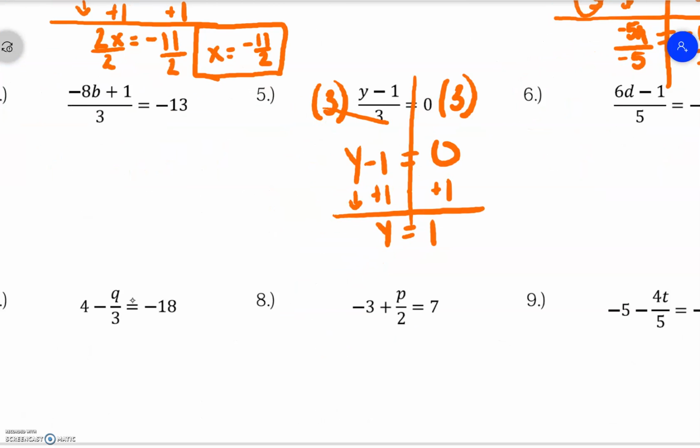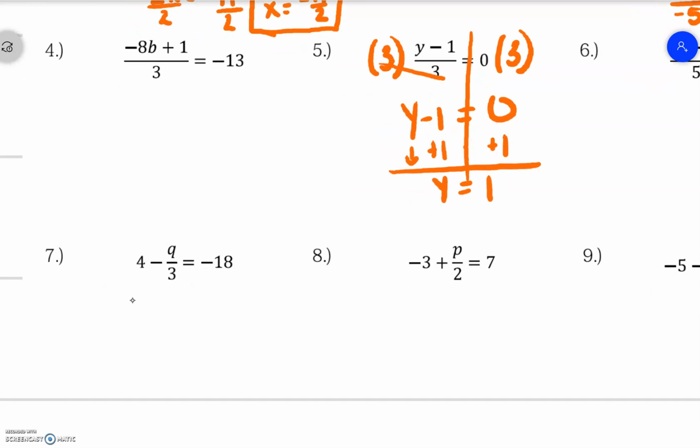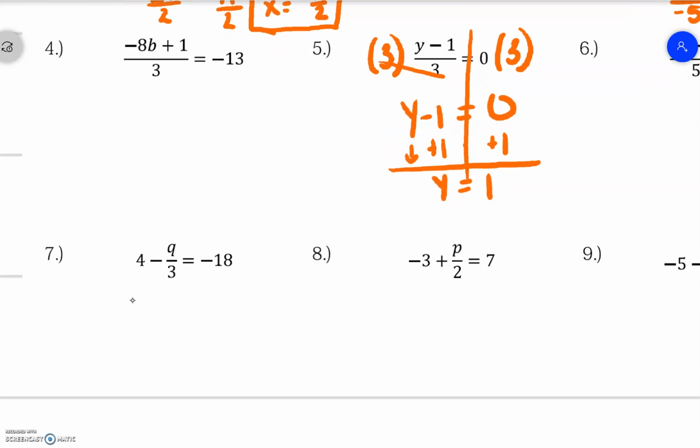All right, let's look at some problems that look a little bit different. Let's look at number 7. Okay, so we need to identify our variable. Our variable is q. And notice it's inside of division, and it's inside of addition, subtraction.